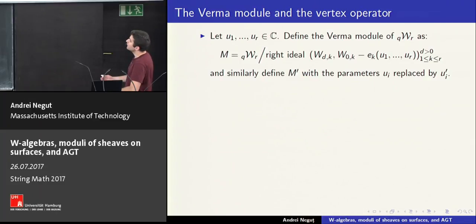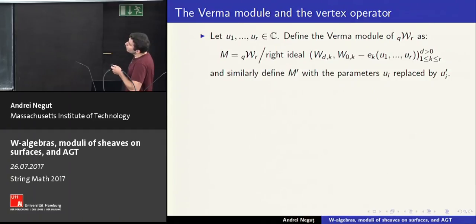So EK is the kth elementary symmetric function. So parameters U1 through UR are encoding the highest weight of this Verma module, or in other words, the eigenvalue of the zero modes on the vacuum. So that's a definition of the Verma module.